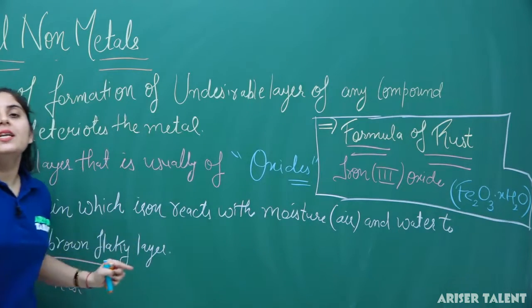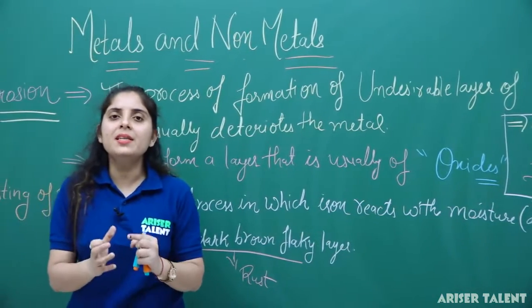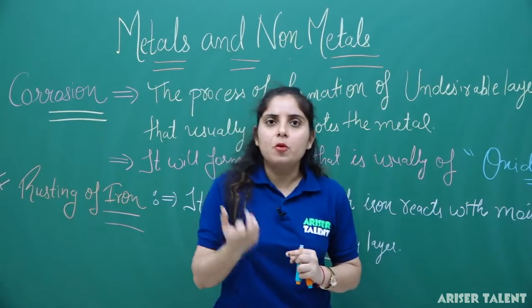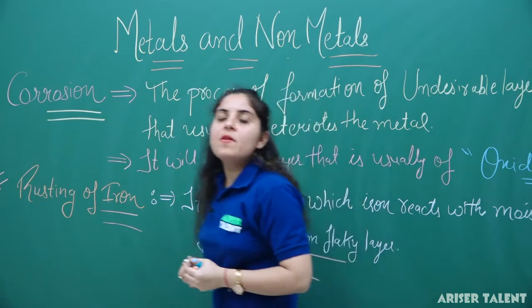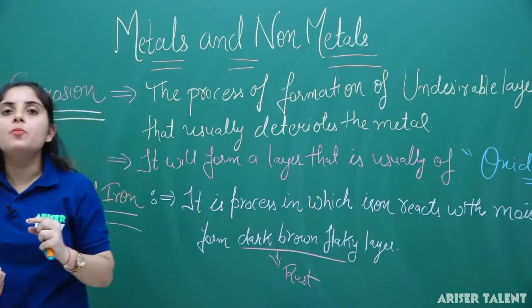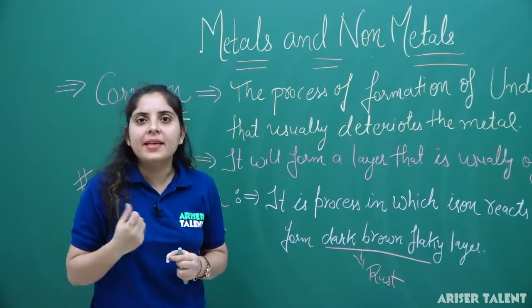So we have seen the rusting of iron and its basic formula. The surface of the iron gets deposited with rust. Rusting of iron is basically an oxidation process in which iron is oxidized to form the flaky substance.